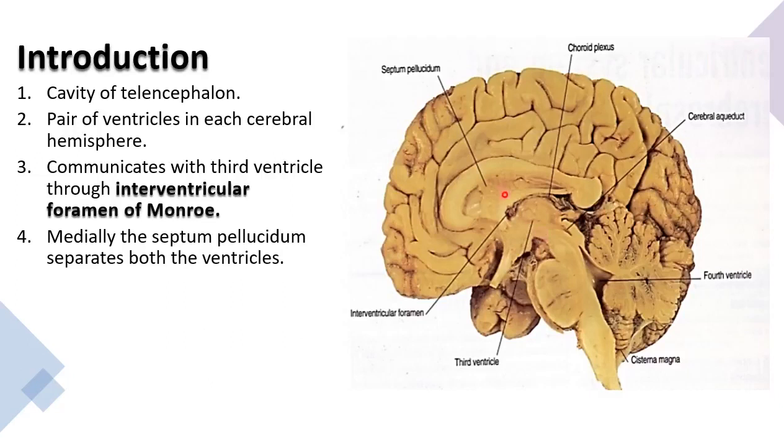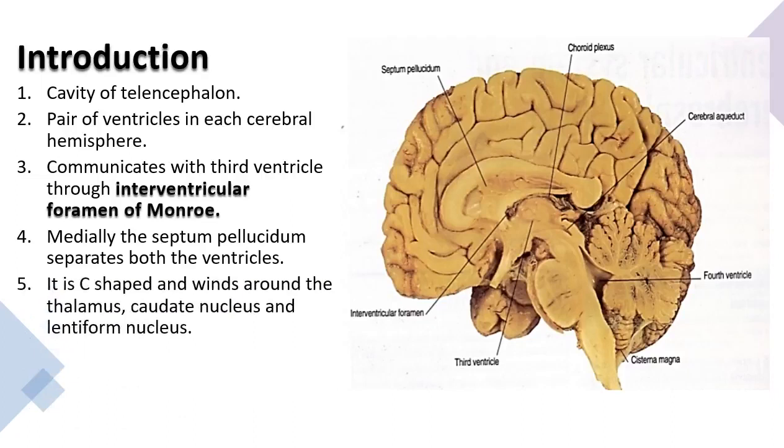So medially you are able to see the septum pellucidum, which separates both the lateral ventricles. So in each hemisphere you have a lateral ventricle, and the two are separated by this sheath of tissue which is called the septum pellucidum.